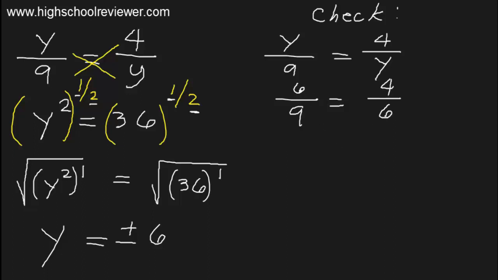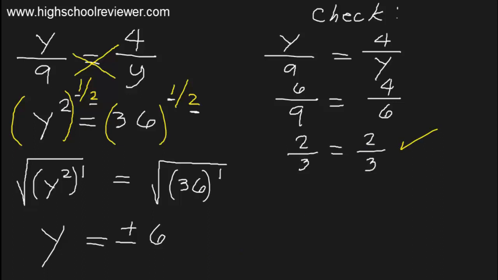We can simplify 6 and 9. This will be 2 over 3, since 3 is common between them. And for 4 and 6, 2 is common between them, so 4 divided by 2 is 2, and 6 divided by 2 is 3. So therefore, y equals positive 6 is correct.